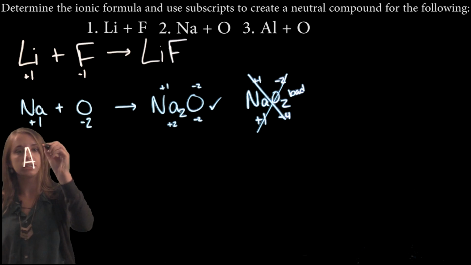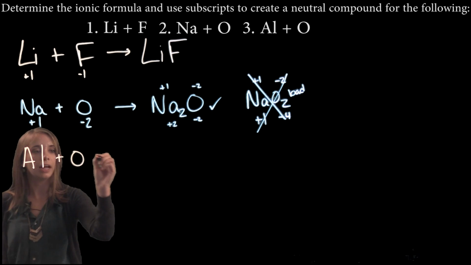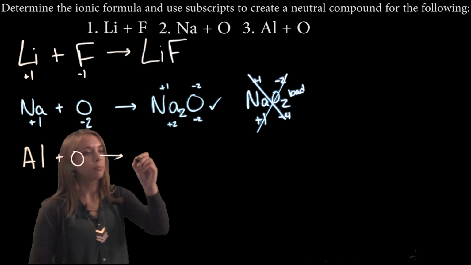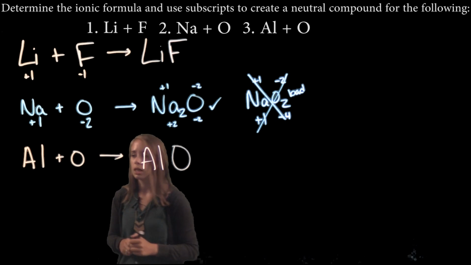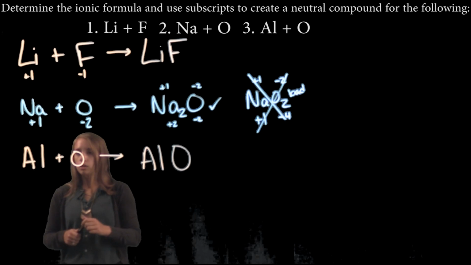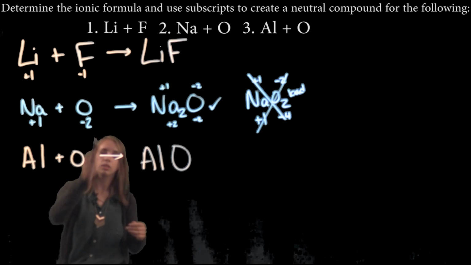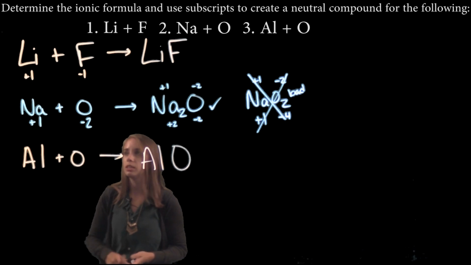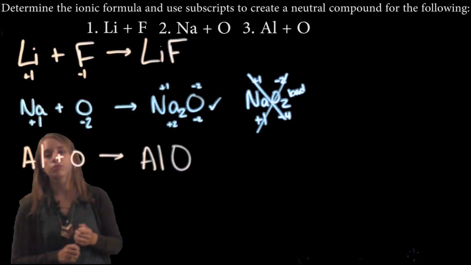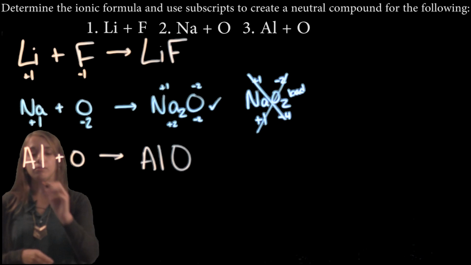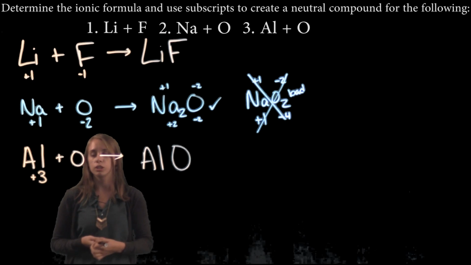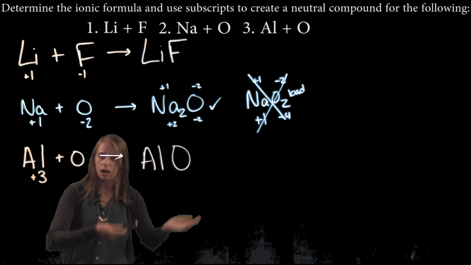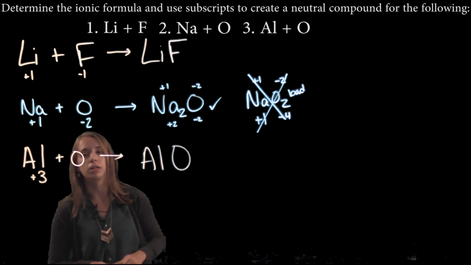In the next one, I have aluminum and oxygen, and I want to combine them, of course, to make some kind of aluminum oxide. Aluminum's on the other side of the periodic table compared to lithium and sodium, but it's still considered a metal. And in fact, it likes to lose 3 electrons because it's in the third column after the transition metals.